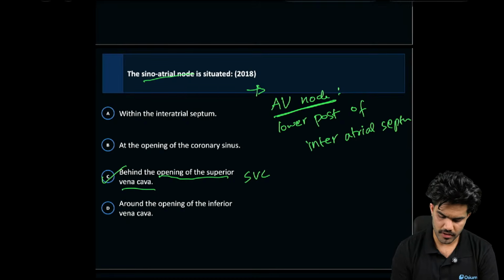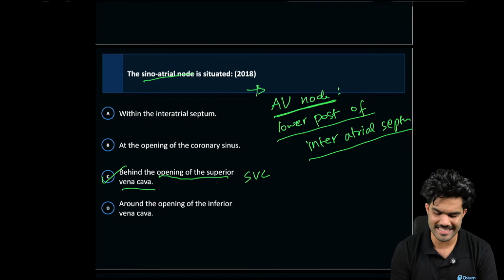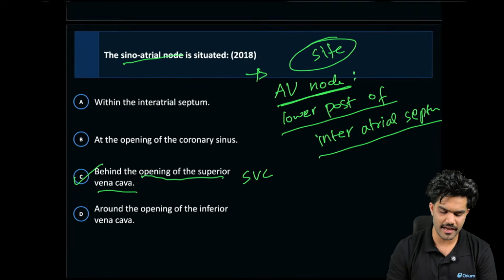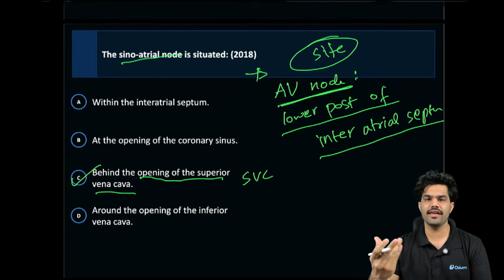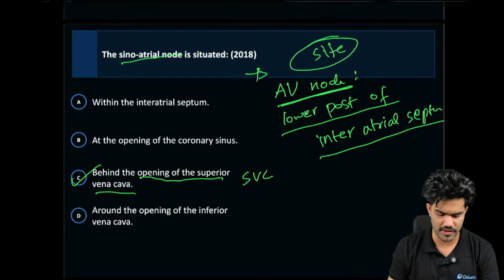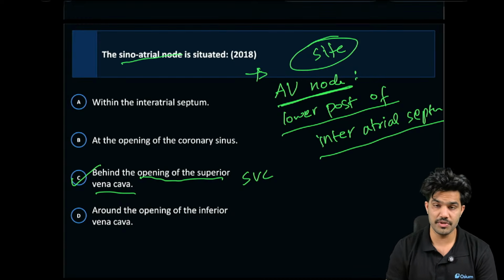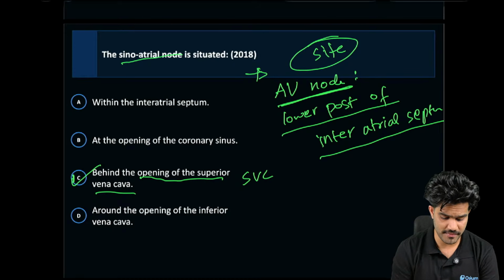This is all just the site. Today they asked sinoatrial node; maybe in the exam they can ask the AV node. What is the site of the AV node? So we have to be sure. The answer will be C for this question.